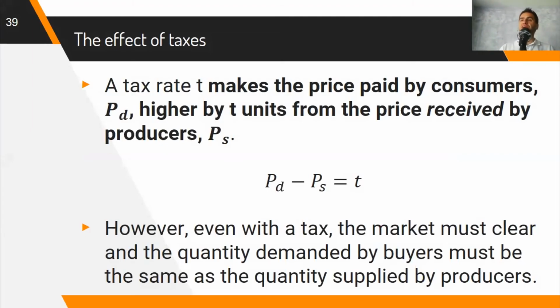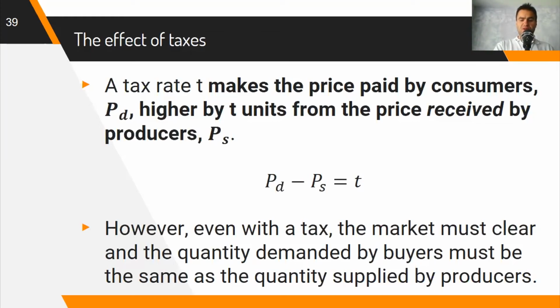The difference between these is the tax paid to the government. Because obviously, you pay a final price that includes a tax, but the suppliers don't receive that amount of money. They receive a smaller amount, and the government receives that part.